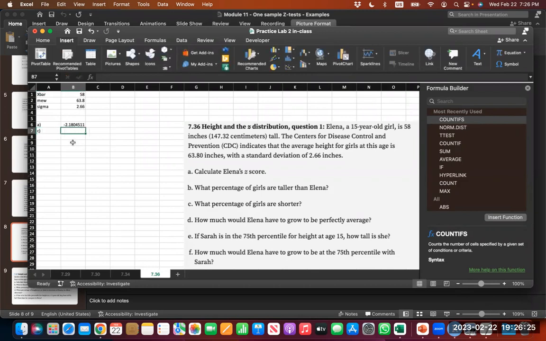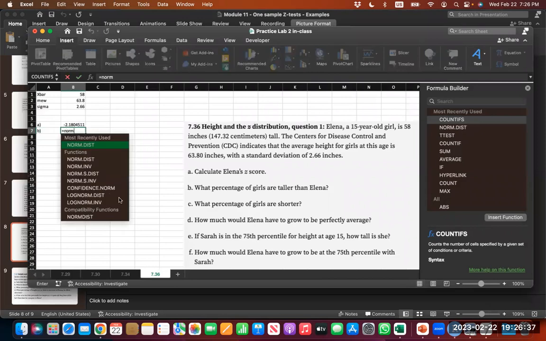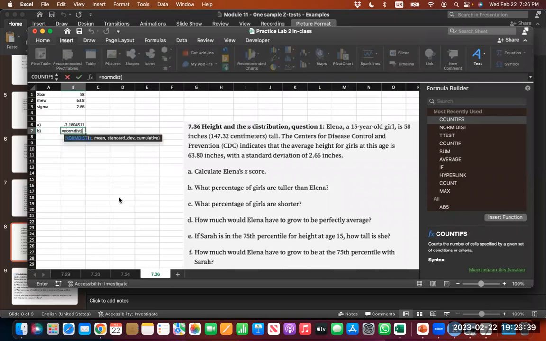So if you have minus 2.18, this is where you can now use your norm dist knowledge. So that new formula that we just discussed. So you basically do norm dist, where X is 58. Your mean is 63.8. Your standard deviation is 2.66.